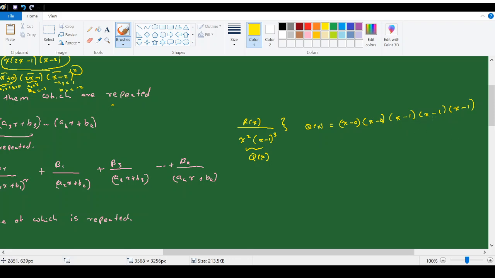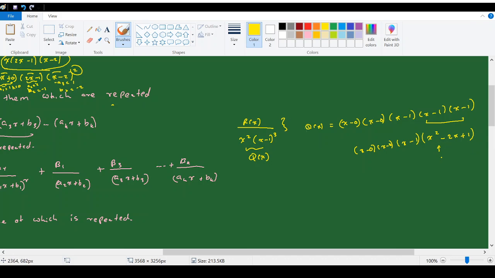But it is true we can write this one as a quadratic term, a quadratic factor. If we simplify these two brackets, you will get this one. So it is not wrong to visualize this one as this product also. And here you have a second degree polynomial, but we don't call it an irreducible factor.